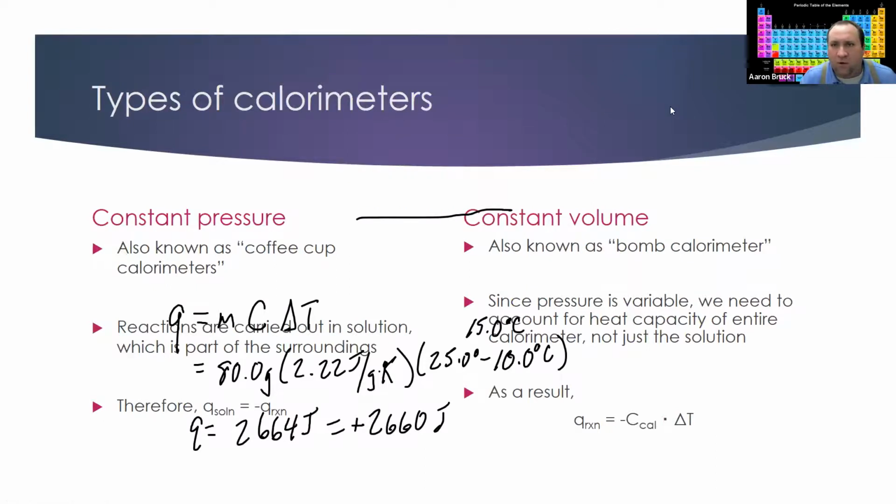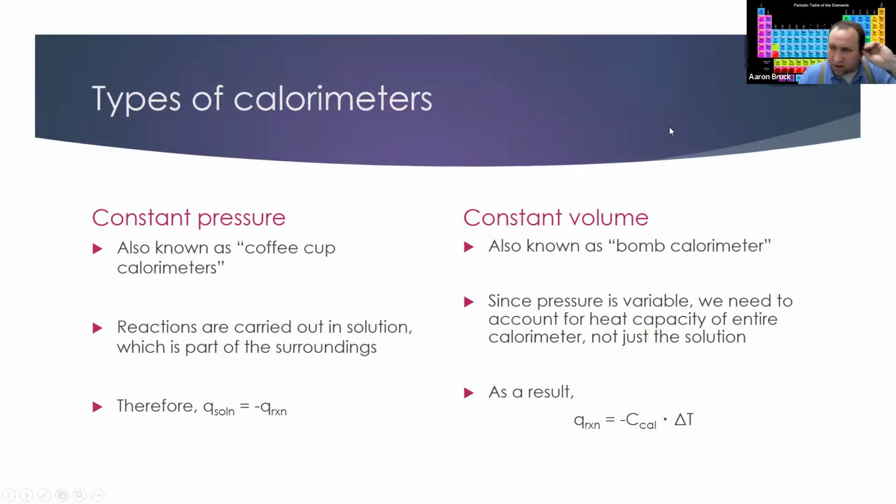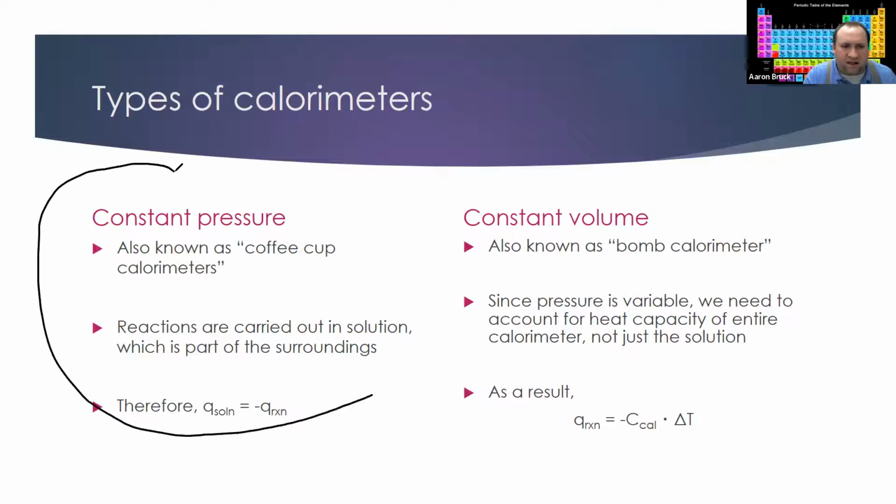Now, before we move completely to the experiment itself, let's just talk about the kinds of calorimeters that exist. We've already made mention of what is called a constant pressure calorimeter, also known as a coffee cup calorimeter. This is the kind of calorimeter that we are going to be using in lab.